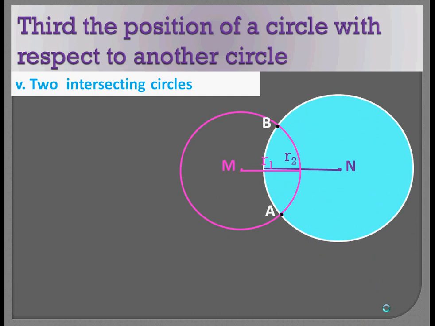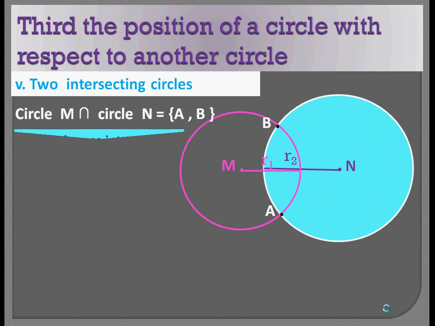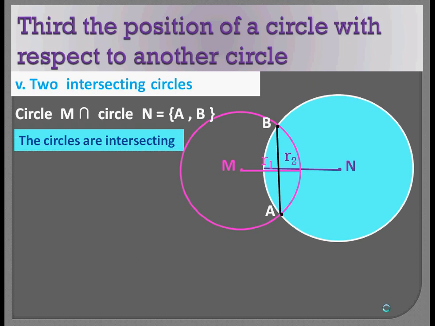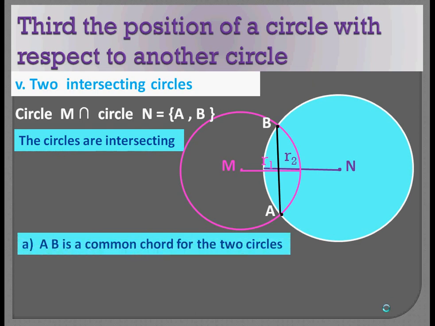A and B are the intersecting points of the two circles, and we can see that AB is a common chord for the two circles.